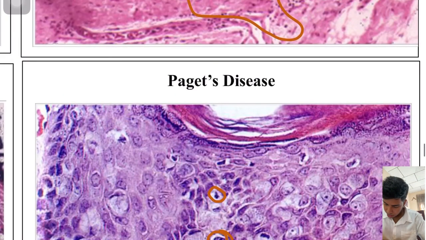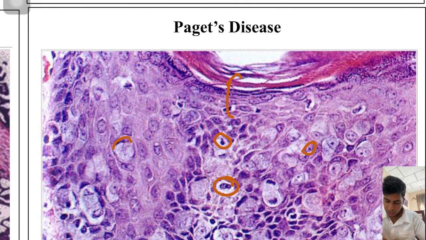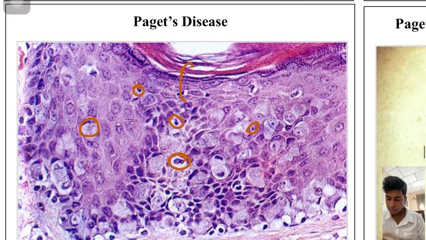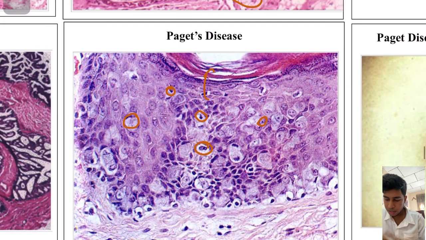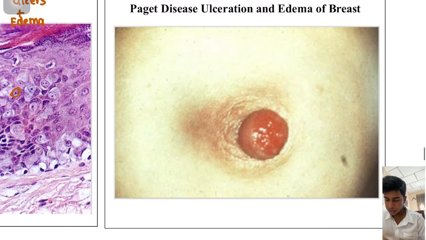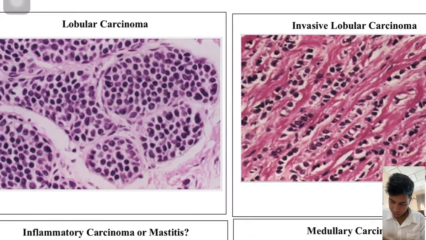Then Paget's disease, if you look carefully, you will see these abnormal cells. They are coming to the skin of the nipple. Okay, they are coming upwards. You get it diffusely spread. Okay, and ulceration plus edema. Here's the ulceration and edema of Paget's disease. Next, lobular carcinoma.